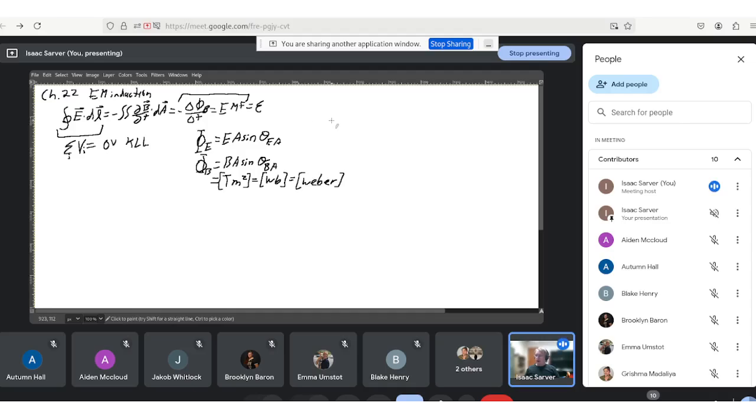If I were to have a loop of wire with some resistance in it, a loop of wire with a resistor in it, like so. And I approach this loop of wire with a magnetic field. So north goes here, it comes this way, and it approaches this loop of wire with a velocity.